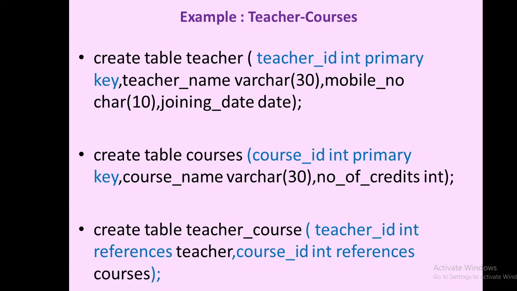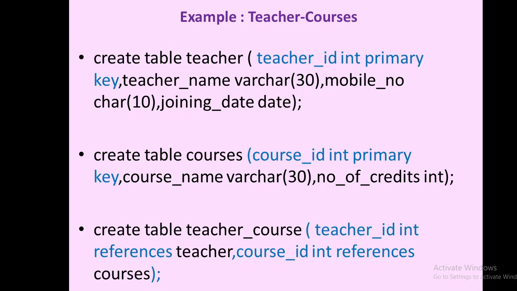Since these two are having many-to-many relationship between them, we will create third table which is called as relationship table and we have given the name to that table as teacher course. We can give any name to that relationship table. So what will be the fields of the third table? The fields of the third table are primary keys of both the tables, that is teacher and courses, and these two will become foreign keys in the third table.